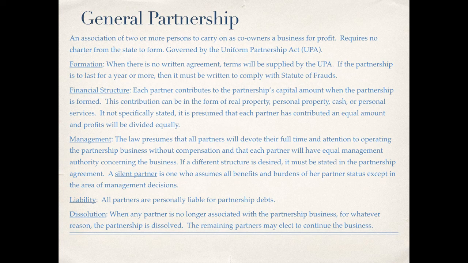We can also take on somebody who's called a silent partner, and this is someone who assumes all the benefits and the burdens of the partner status except in the area of management decisions. So a silent partner would be somebody that maybe contributed money or funds, but they have no say-so in how the business is run, and that's why they're considered silent, because they don't get to speak to any of the management decisions.